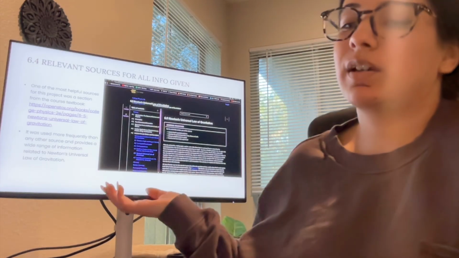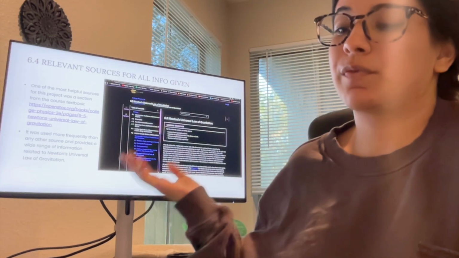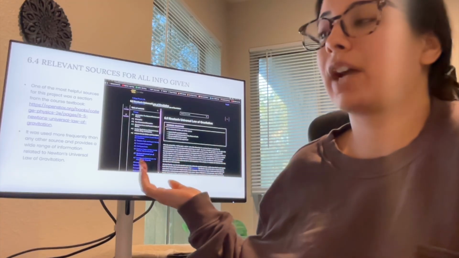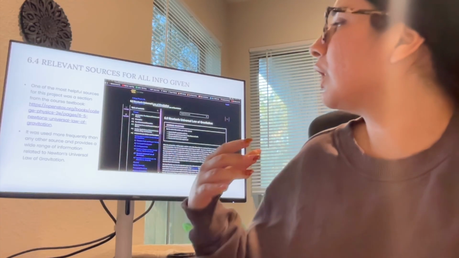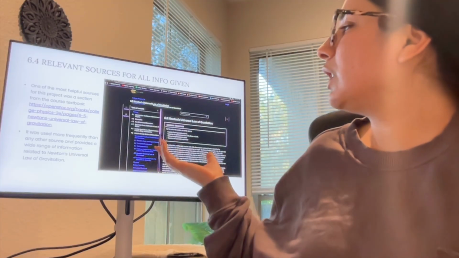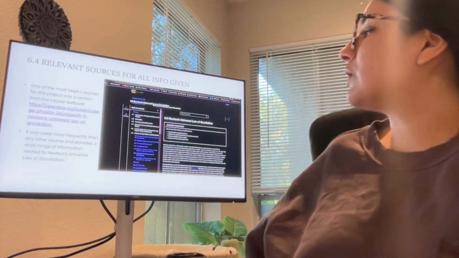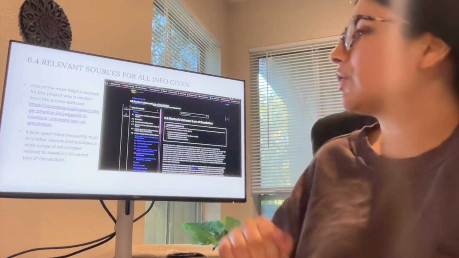So here's the most relevant source that I found useful in this topic and very accurate, because it is our OpenStax textbook for the physics course, and it's just the portion going over Newton's universal law of gravitation.